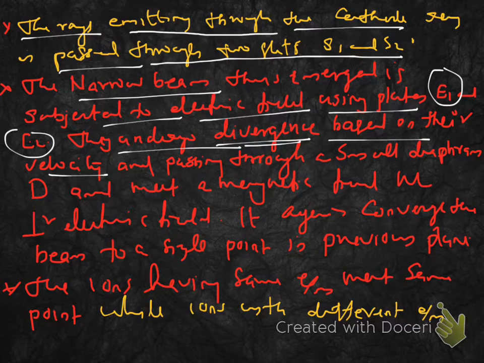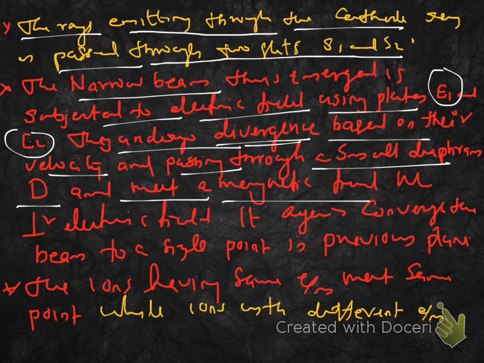Then this is passed through a small diaphragm called D. From the D, they directly enter a magnetic field, which is represented by M. And this magnetic field needs to be applied in a direction perpendicular to the electric field, which we have already applied using the plates E1 and E2.